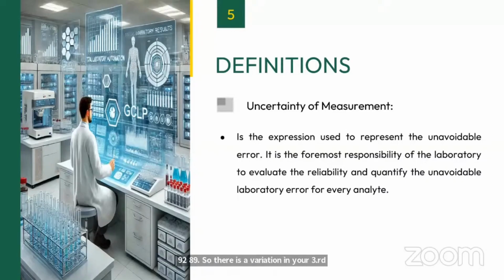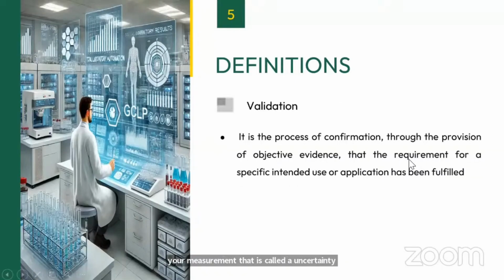What causes this variation? There are certain unavoidable errors, or unavoidable factors. These errors or factors contribute to the uncertainty, or give rise to the variations in your measurement. That is called uncertainty of measurement.